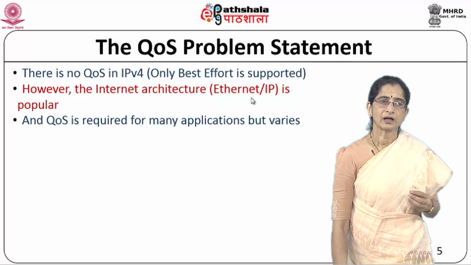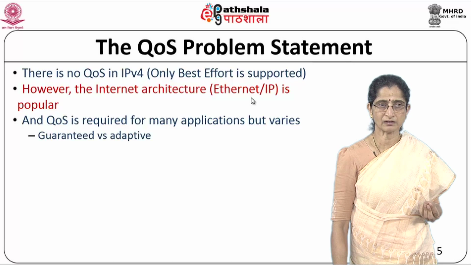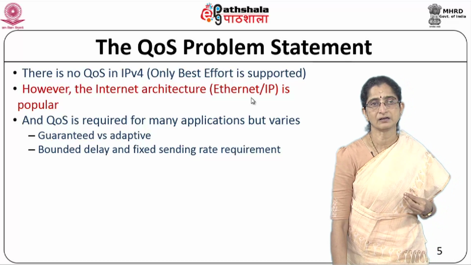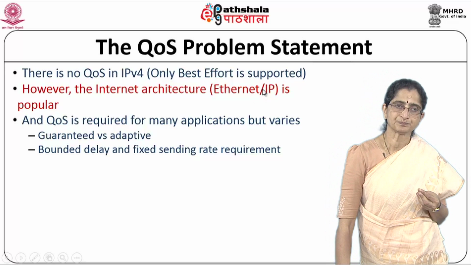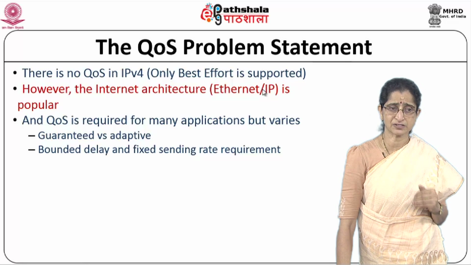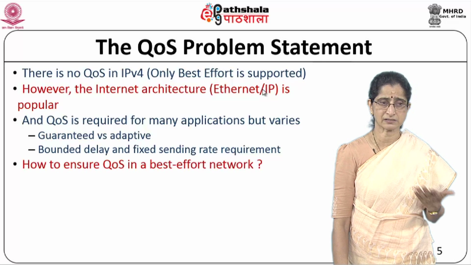And we also see that the QoS required for many applications varies. For instance, as we said, some of them require guaranteed service, some of them can adapt to the situation. Some of them have bounds in terms of the delay and fixed sending rate requirements, and some of them can tolerate these delays and other things.